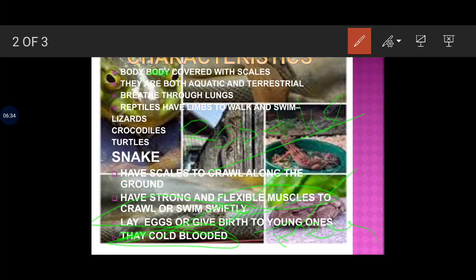Well, as I told you previously, I would say one more important function of the scales. Reptiles are mostly present in dry, arid desert regions where the availability of water is quite low. That means water is not frequently available to the organisms dwelling there, so they should retain the water already present in their body.